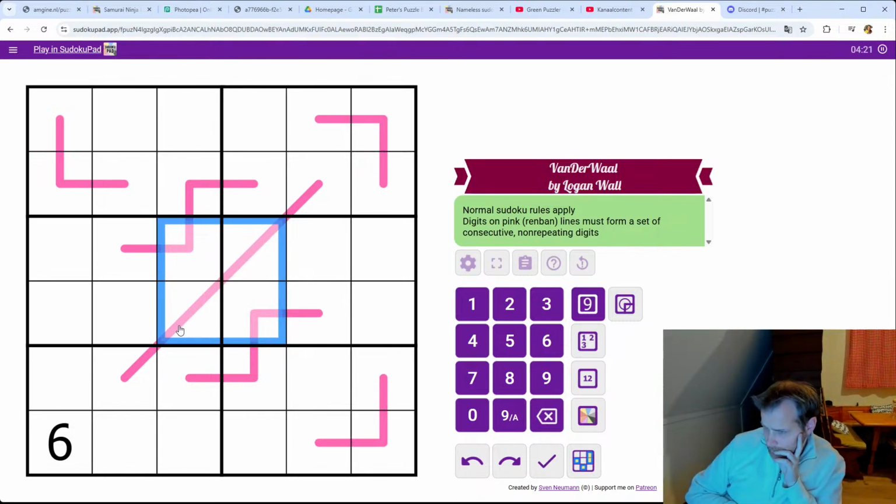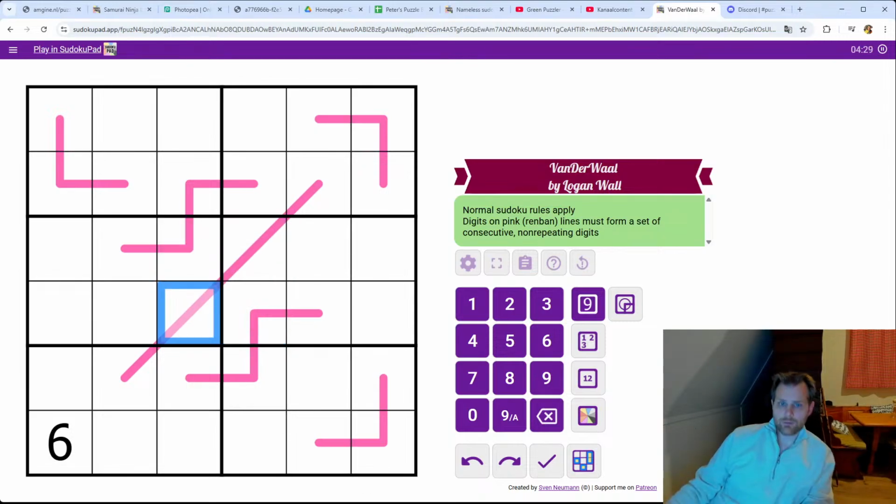Wait a sec. 3 and 4 go on all those lines, yes. So what happens if 3, 4? So you mean like this?